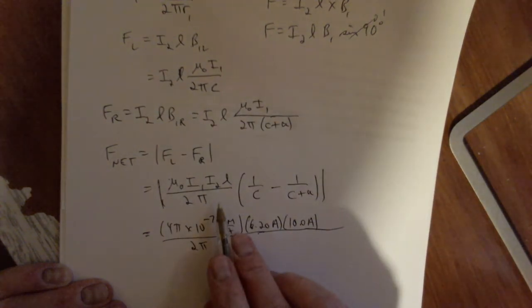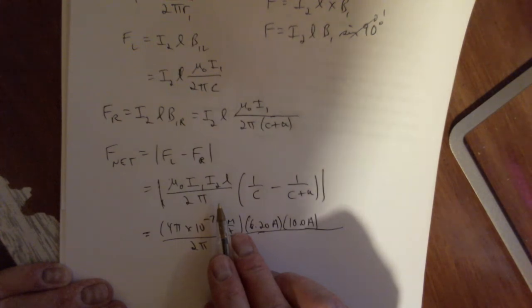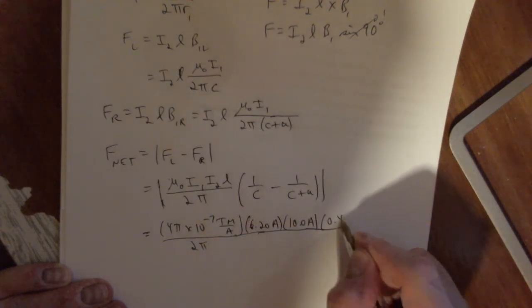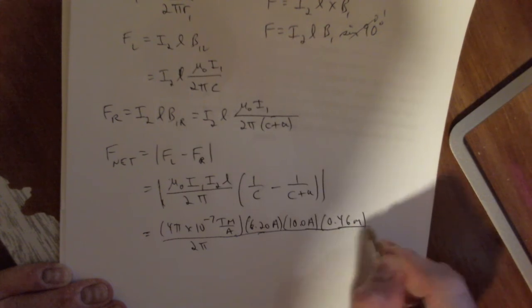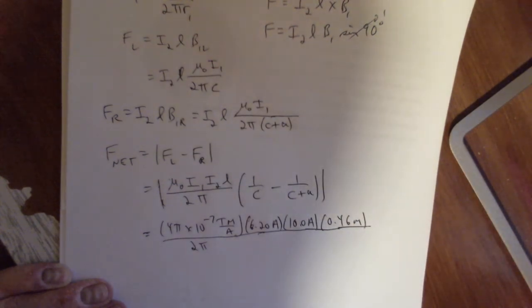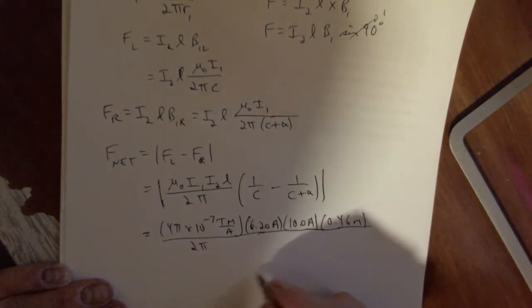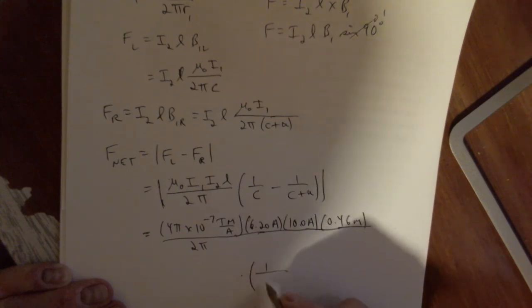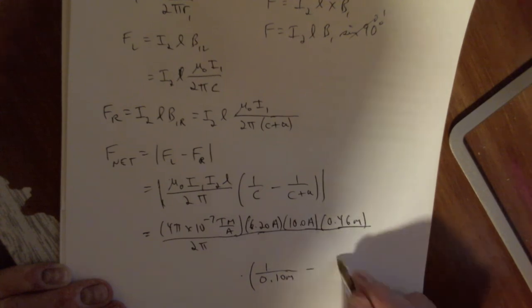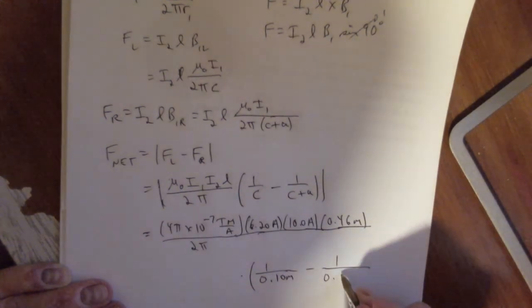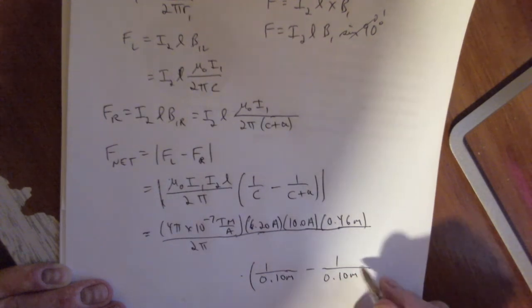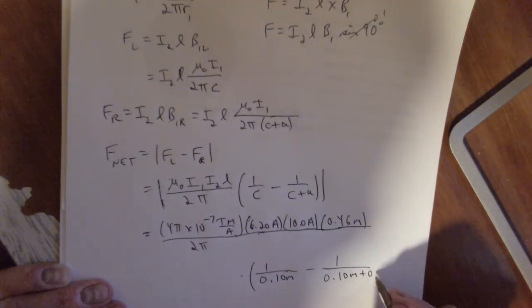Times L is 0.46 meters. And so multiply that by 1 over C, which is 1 over 0.1 meters, minus 1 over C plus A, so 1 over 0.1 meters for C plus 0.15 meters for A.